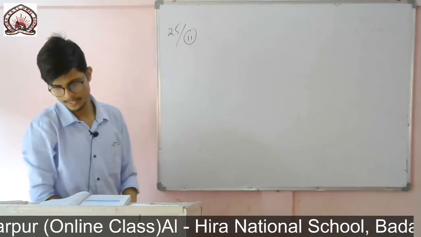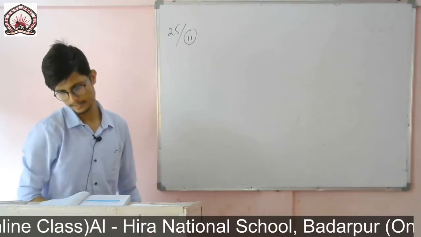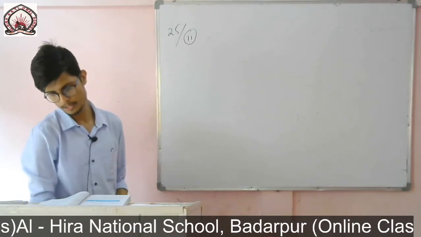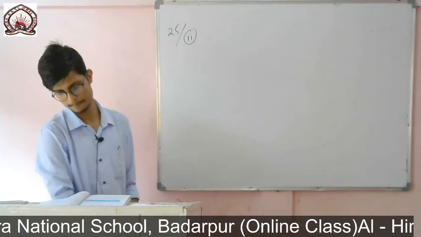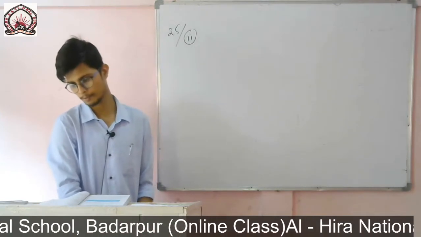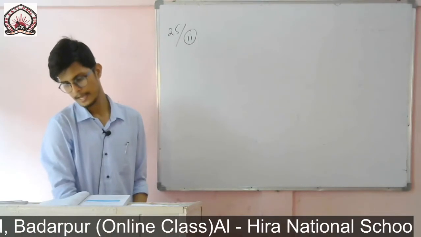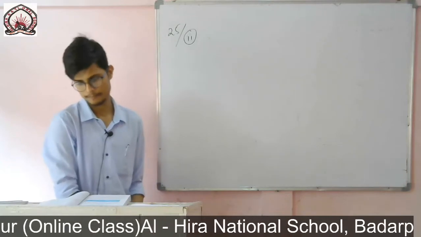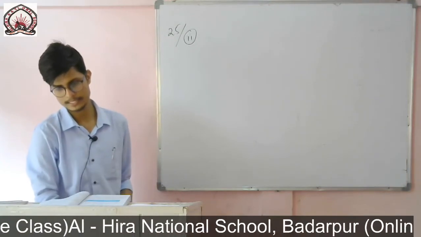The next one, Roman number 2. Given: if a die is thrown, there are 2 possible outcomes: an odd number or an even number. Therefore the probability of getting an odd number is half. First of all I will check whether it is correct or not.